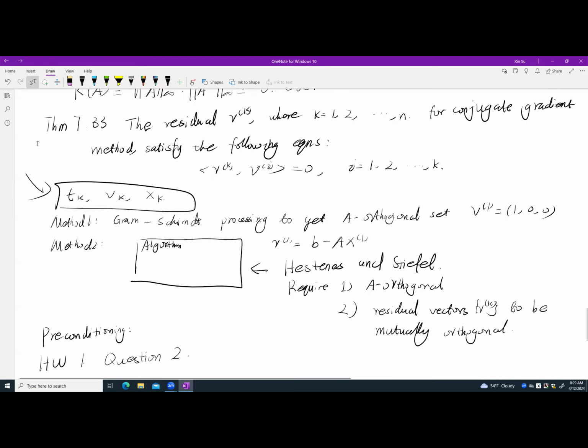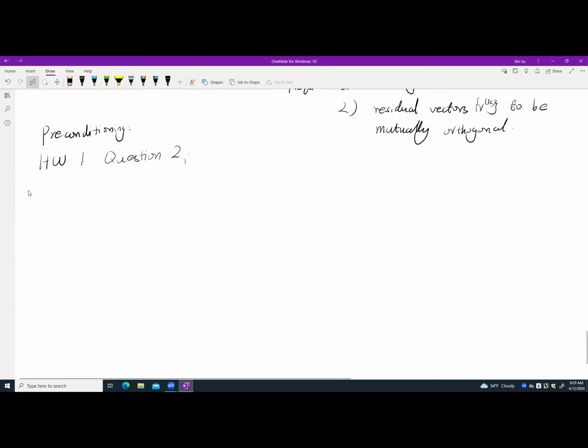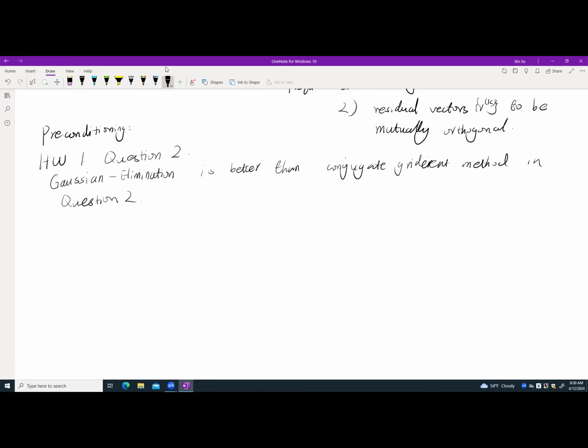So let's go back to preconditioning. If you calculate homework 1, question 2 correctly, you will find that we talked about the conjugate gradient method, and you would expect some benefits from it, but in question 2 you will find that Gaussian elimination, the very simple way to solve the linear system, is better than the conjugate gradient method.